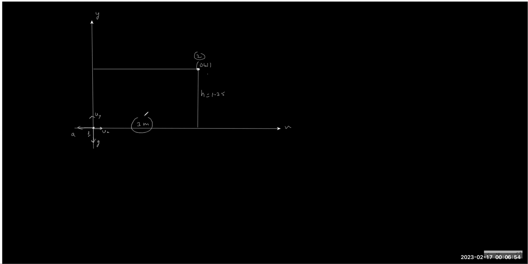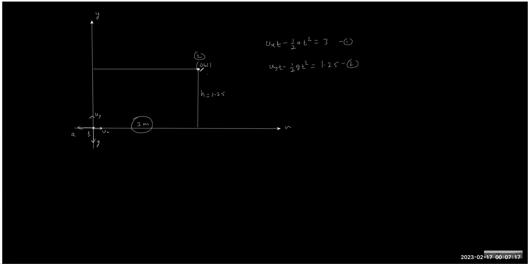So to travel 3 meter in x, I will write Uxt minus half a t square equals 3 meter. That's simple. Where is the problem? And to travel 1.5 meter above, we write Uyt minus half gt square equals 1.25.